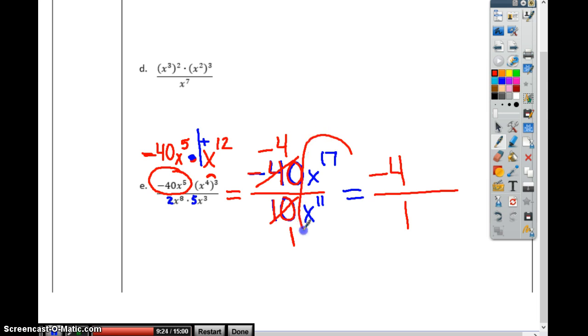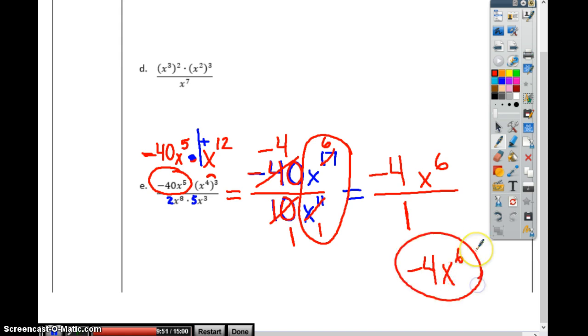Now let's subtract our exponents on our like terms. X to the 17th minus x to the 11th. 17 minus 11 is 6. Those all cancel out. I have 6 left up here. So I have x to the 6th power up on the top. Now this can be simplified because the 1 is in the denominator. It can simply just be written as negative 4 x to the 6th power.